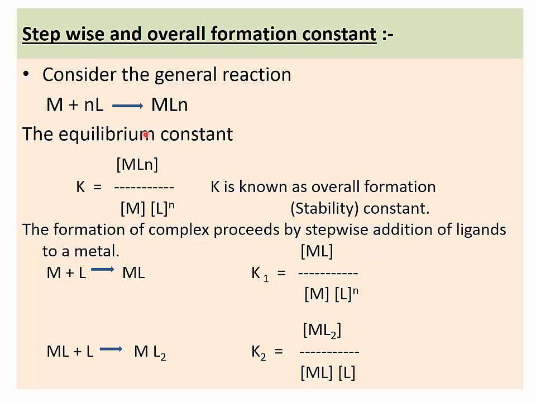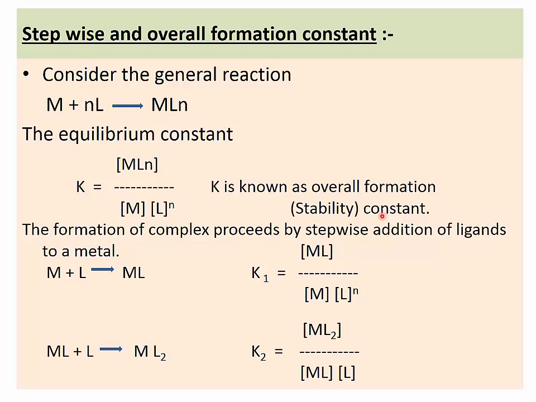So the equilibrium constant K for above reaction is concentration of MLn divided by concentration of metal into concentration of ligand, and this K is known as overall formation constant or stability constant. Agreed? This is the first point.